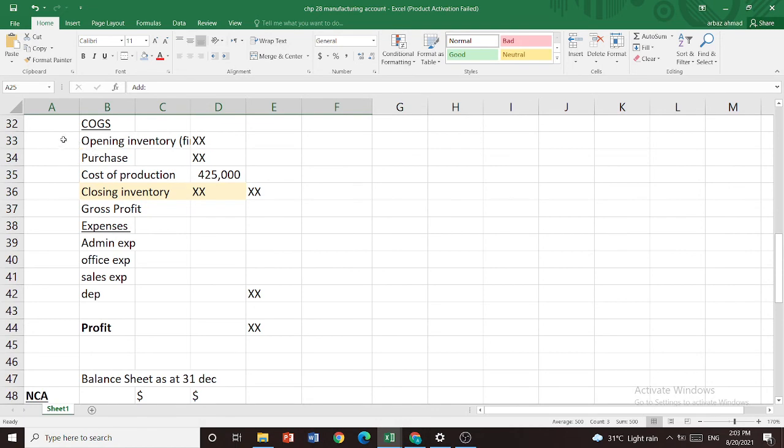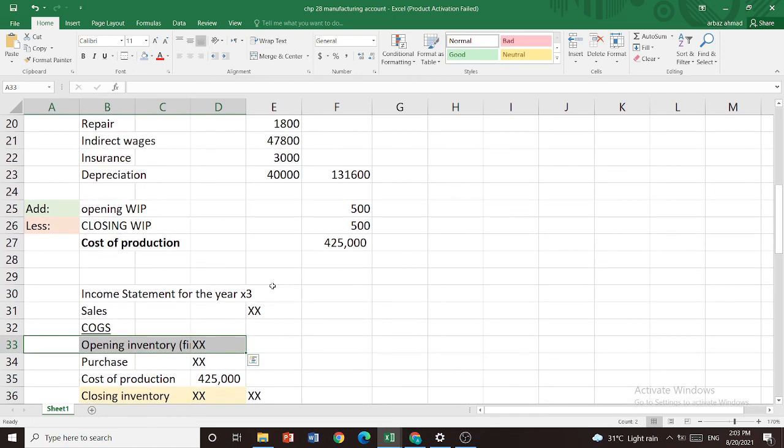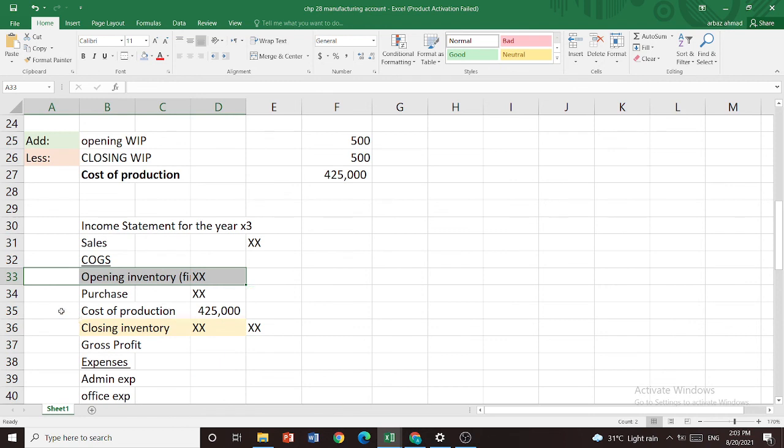Opening inventory for finished goods is given. So these 3 will go in different sections. Now why is closing not given? Because closing is not in the trial balance. In additional information they should have given you. Yes, they have given you. You see, in additional information they have given you the closing inventories there.